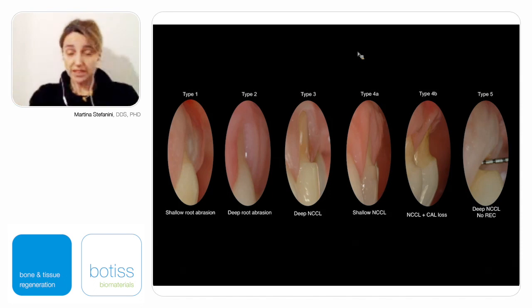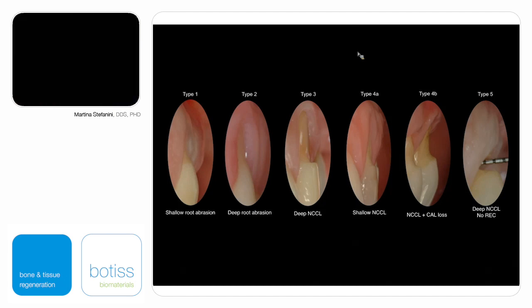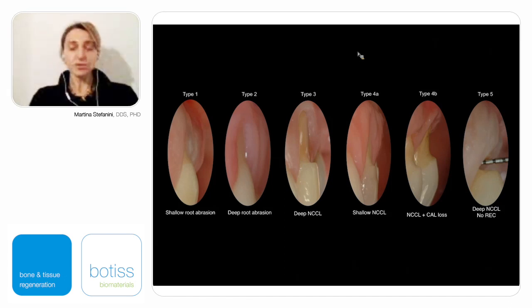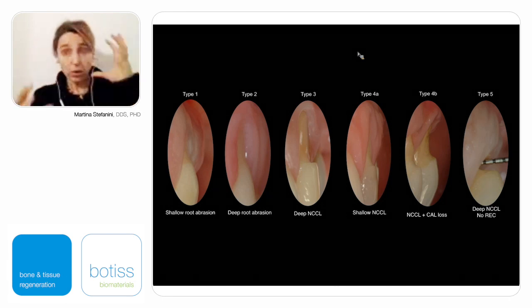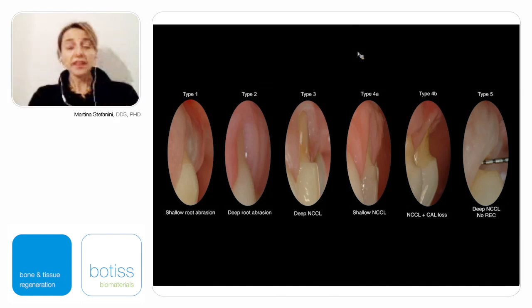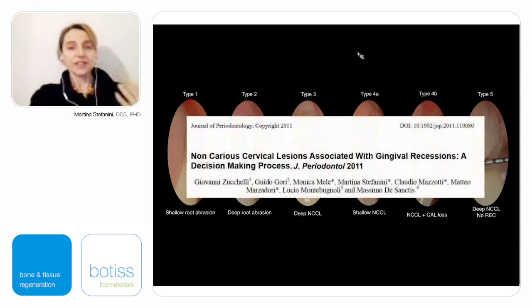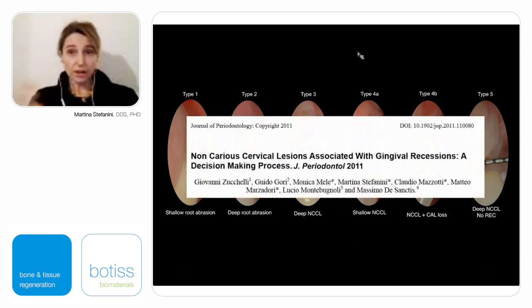That means that 90% of gingival recessions are associated with non-carious cervical lesion, and non-carious cervical lesion can be related to the root and can be root abrasion, can involve both crown and root, and can be deeper or more shallow, but should be treated in combination with mucogingival surgery in order to obtain a final aesthetic result for our patient, recreating the physiological anatomy of the tooth and the dentogingival union.